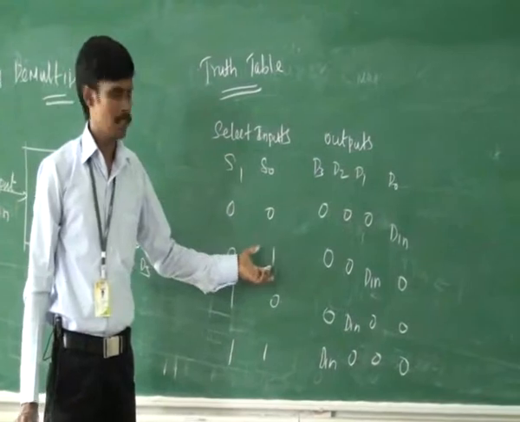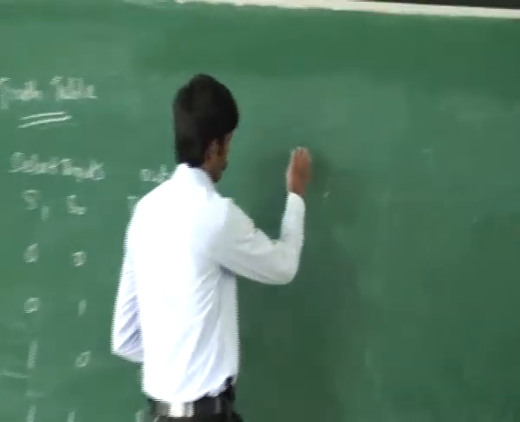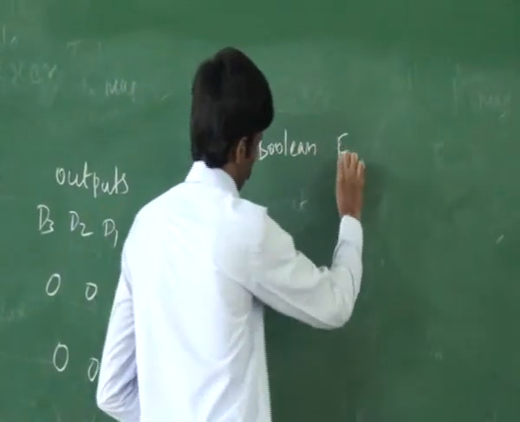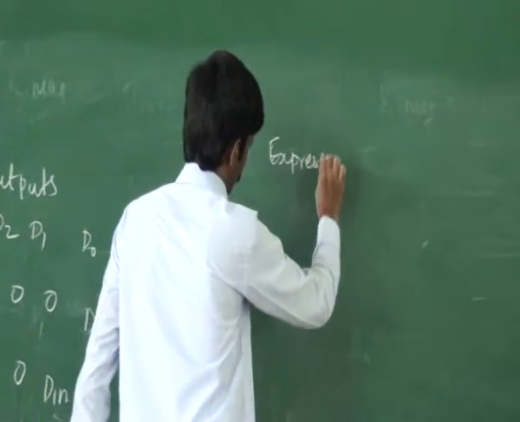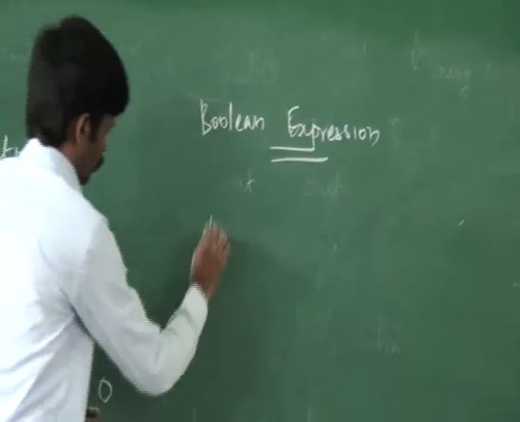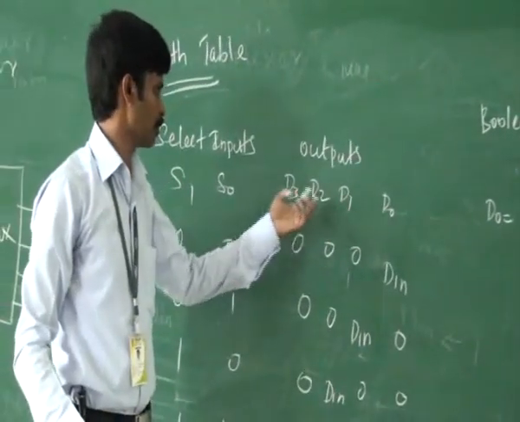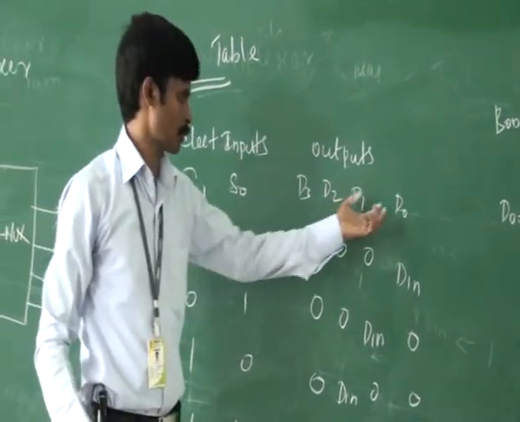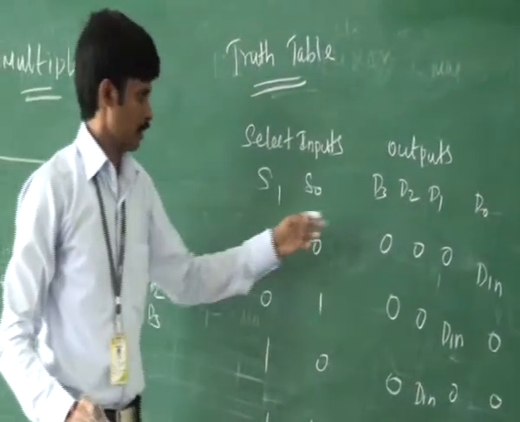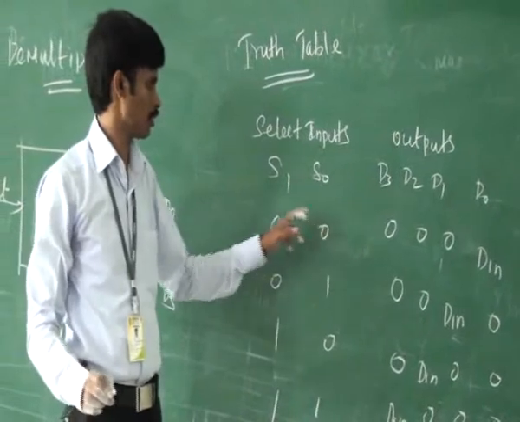Then from this truth table, we can derive the logical expression. Here the output variables are D0, D1, D2, D3. We have to derive the Boolean expression for each output. The first output is D0. Here the input is directly connected to D0 when the select inputs are 0, 0.